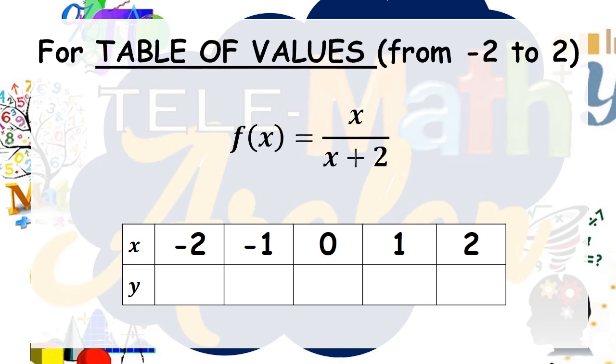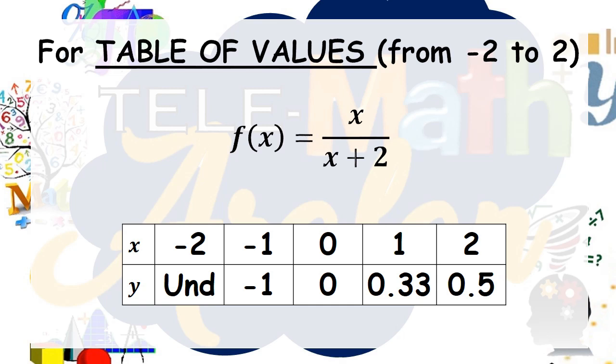So you will get for -2 is undefined. -1 is -1. For 0, the answer is 0. For 1, the answer is 0.33. And for 2 is 0.5.